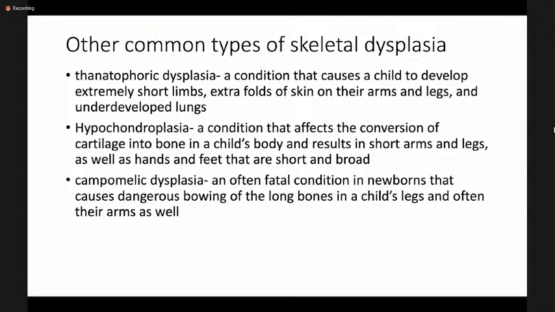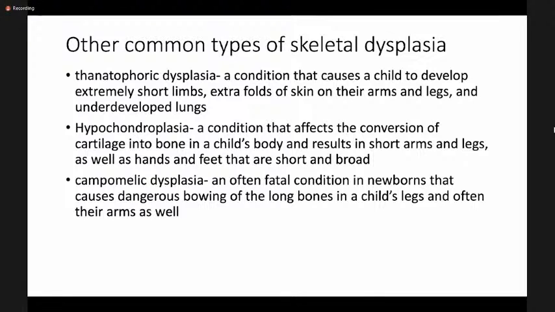Now, there are other types of skeletal dysplasia. Thanatophoric dysplasia is a condition that causes a child to develop extremely short limbs, and they have underdeveloped lungs.